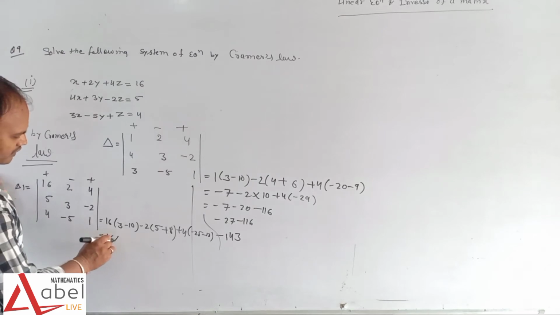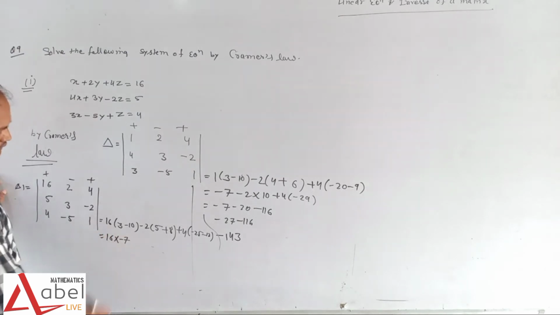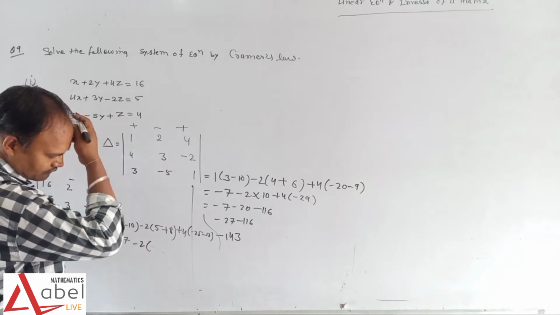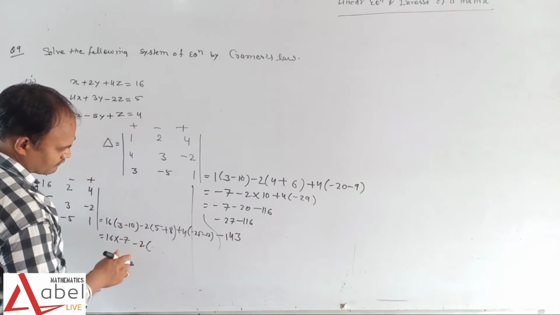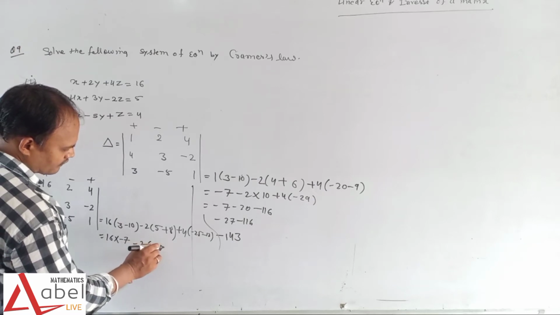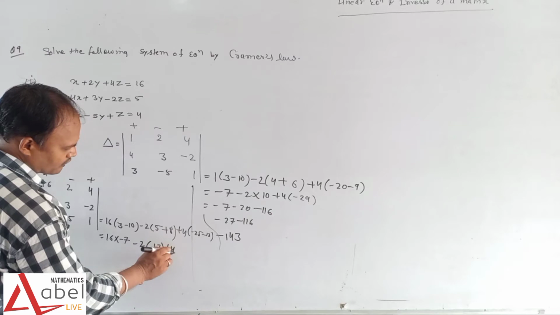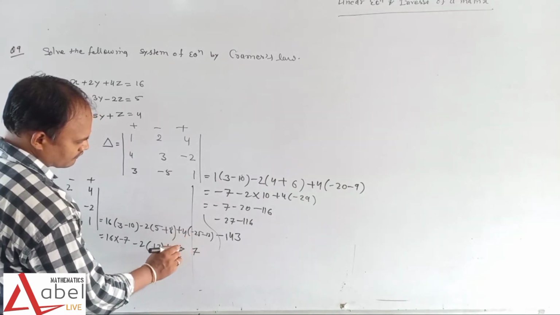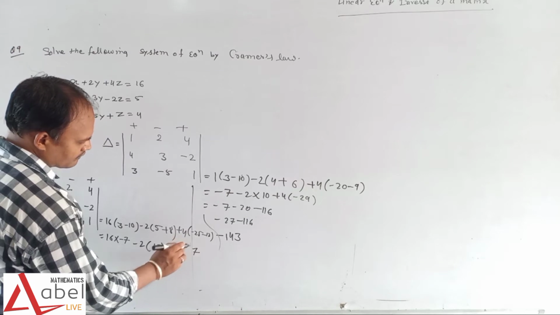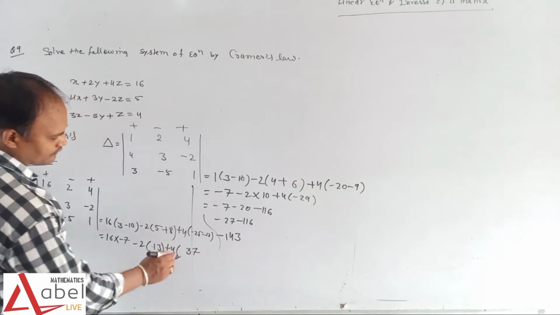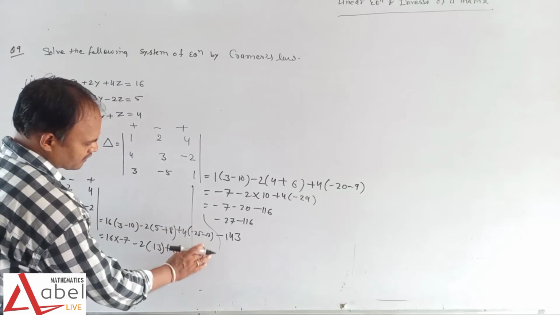So it is a 16 and it is minus 7, it is a minus 2 and it is 13 and it is a plus 4, it is minus 37 and it is completed.